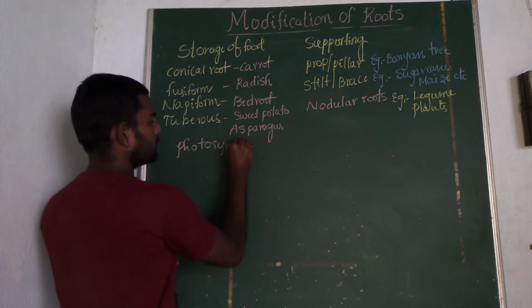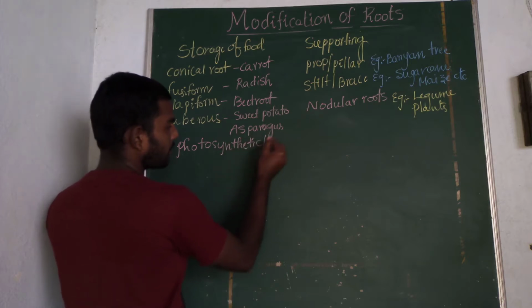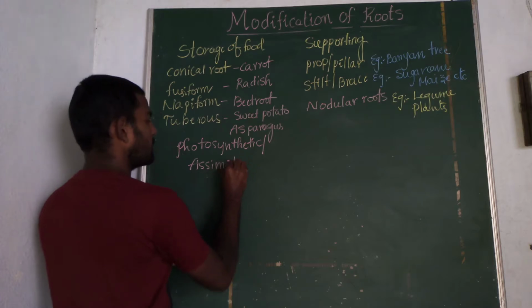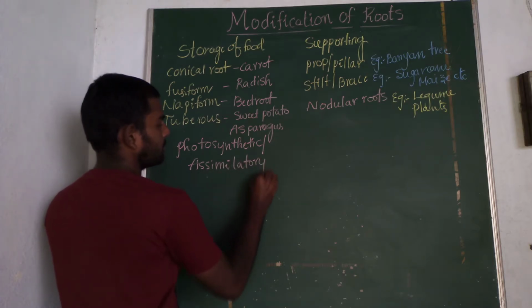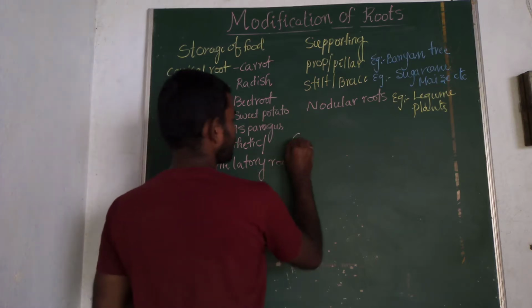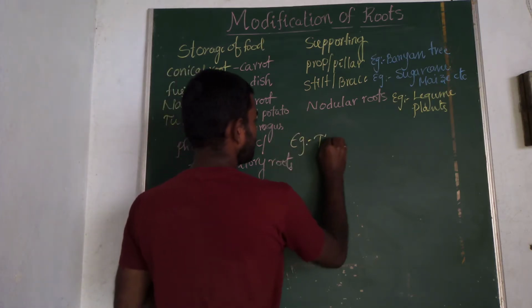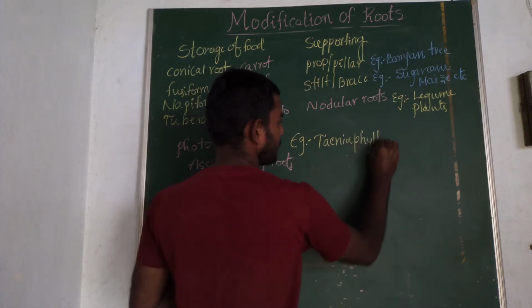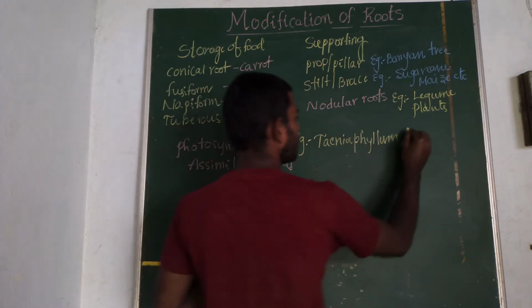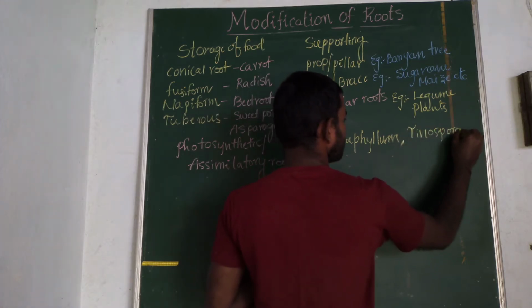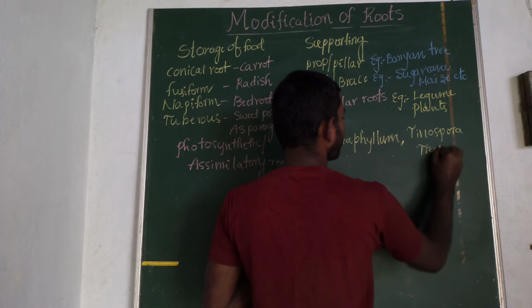Photosynthetic or assimilatory roots. Examples like Tinophyllum, Tinospora, and Trapa. These roots can perform photosynthesis.